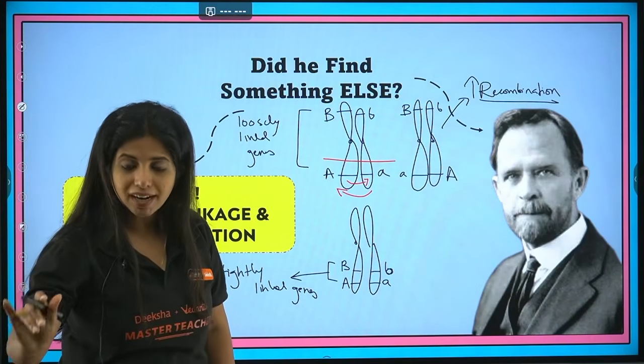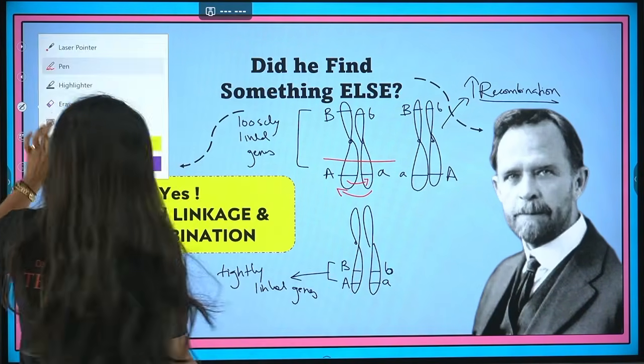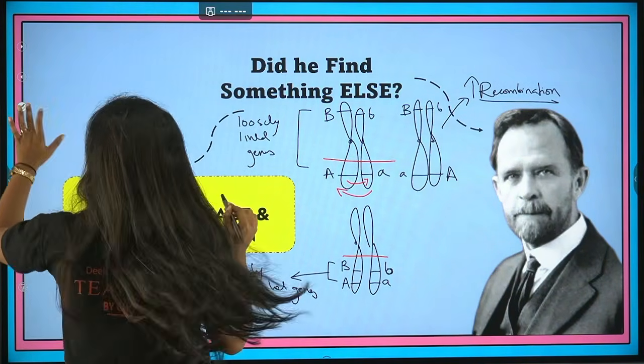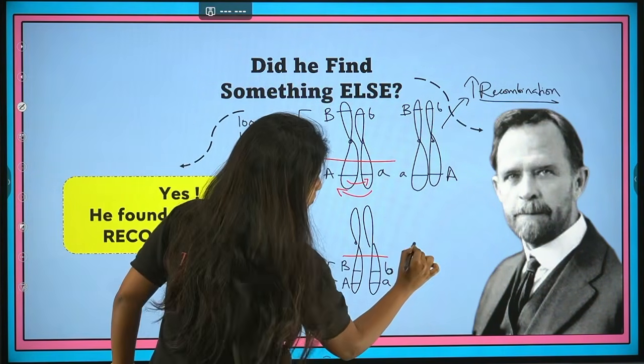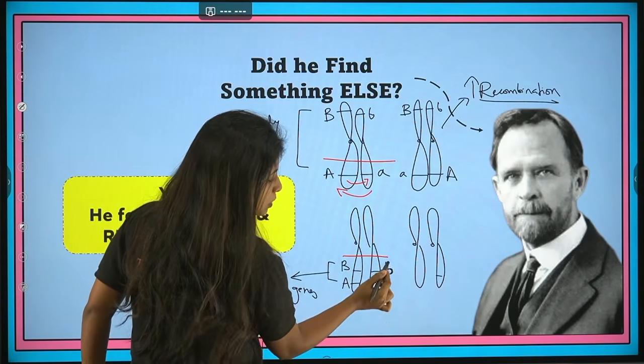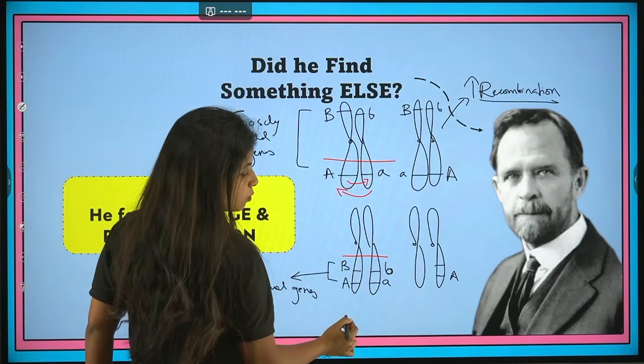If you didn't understand it still, don't worry. You will understand it now. It's the same thing I repeat over here. I cut these portions from here. What am I going to get? Small a, small b was on this side.